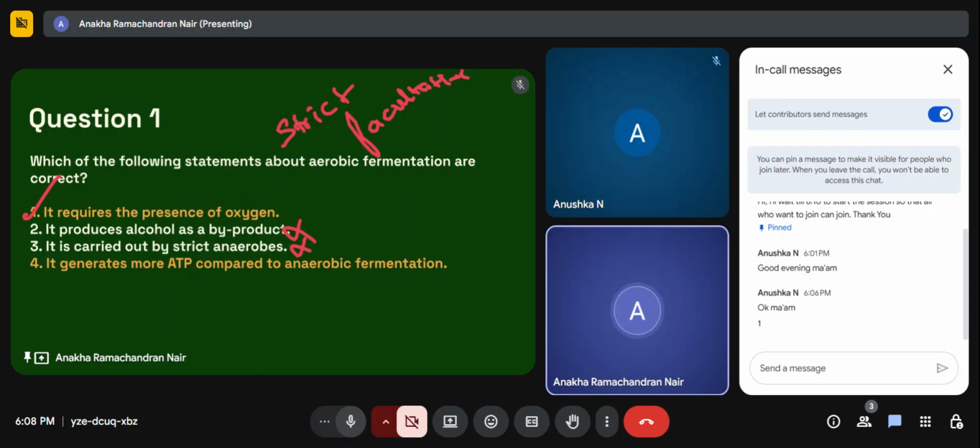But in anaerobic fermentation, that doesn't happen. The pyruvic acid is converted into either lactic acid or alcohol, and that gives only a little amount of ATP. So aerobic fermentation gives you the maximum amount of ATP. Is that clear? Do you have any question in this question?